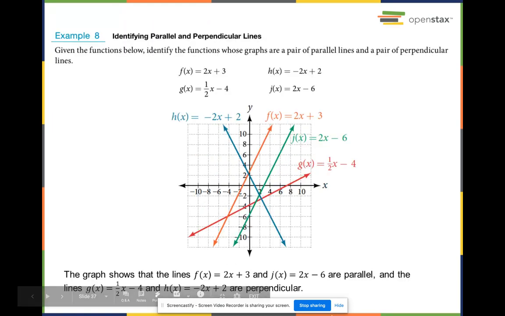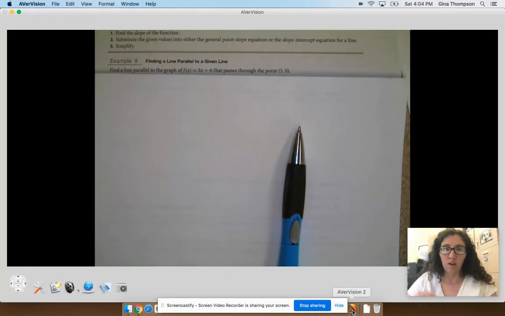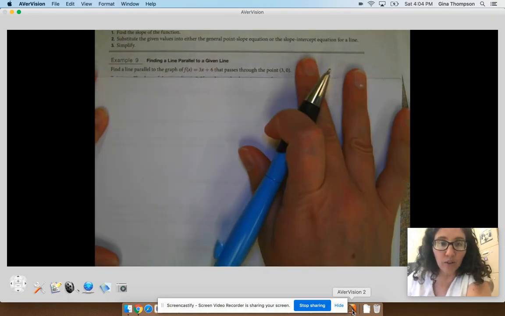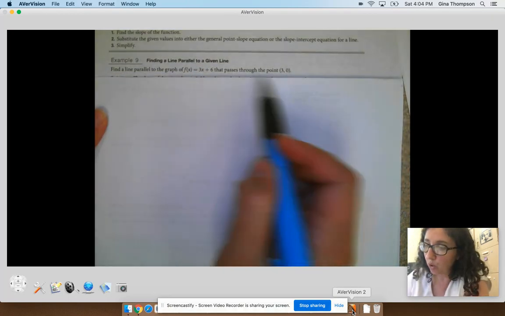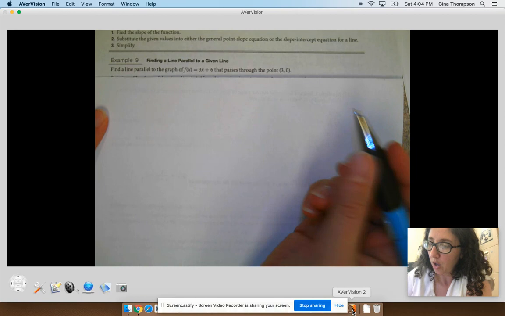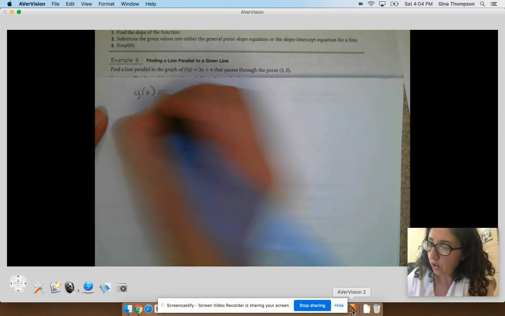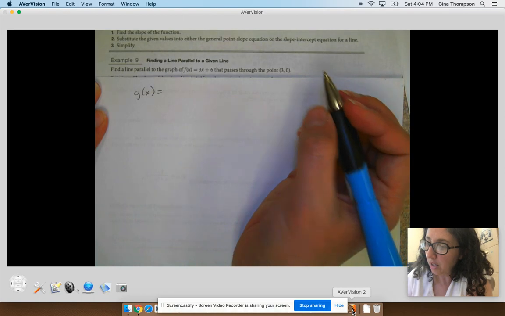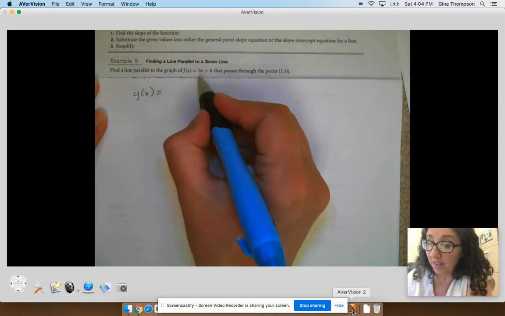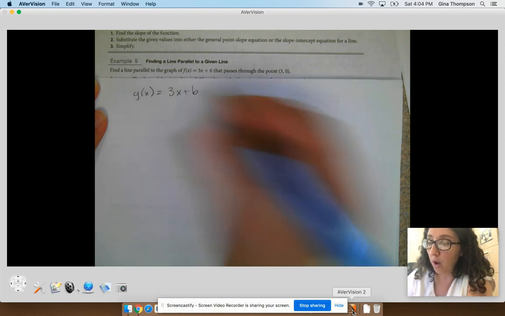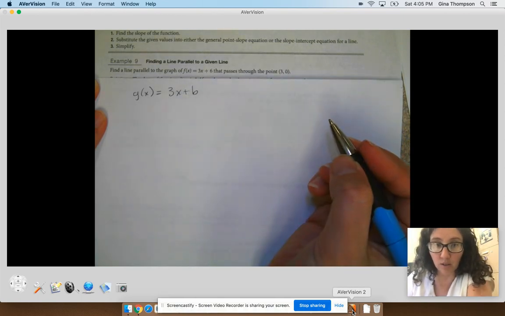Okay, so let's move to just do some examples. All right, let's find a line parallel to this graph that passes through this point 3, 0. Well, we know our new line, let's call it g of x, is parallel, so we know its slope is going to be the same, right? It's going to have slope 3, but we don't know what the y-intercept is. What do we do next?